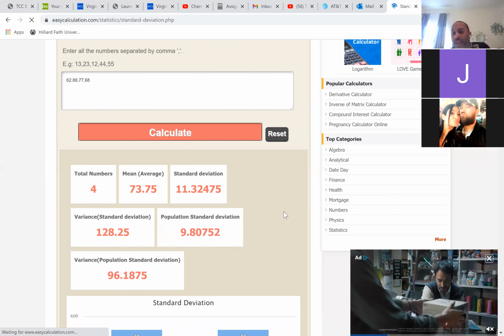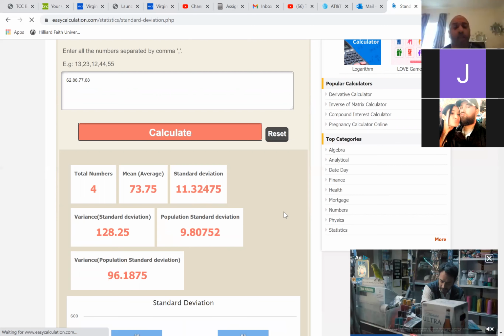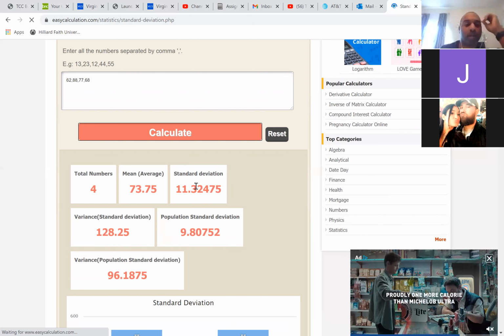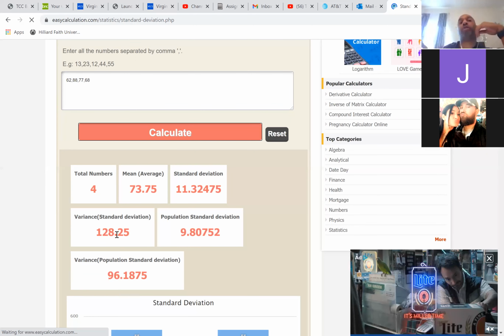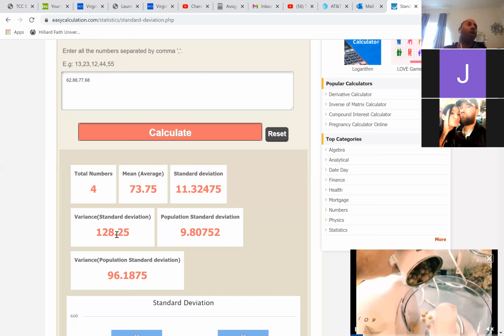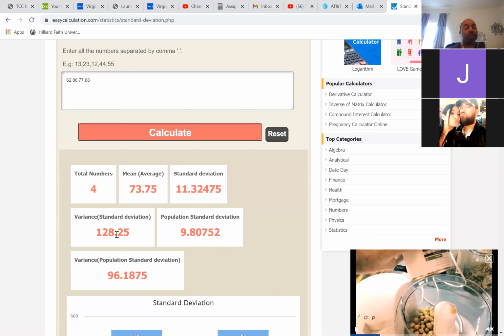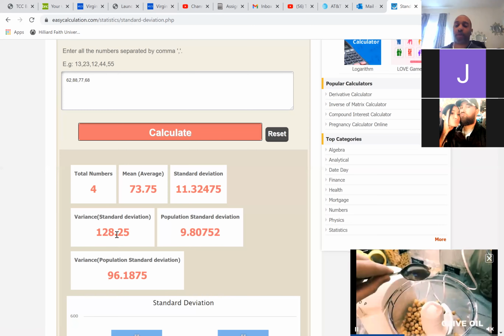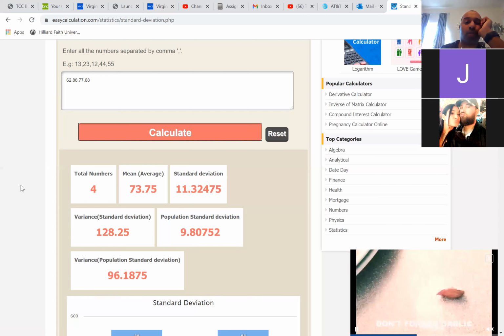So make sure you pay attention to the details of whatever problem you're dealing with. Here we have 11.3 and then 1.28. Also pay attention to, 128, not 1.28, 128. Also pay attention to MyMathLab and what decimal place they want. Sometimes they ask for tenths, sometimes they ask for hundredths, and so on. So be careful with that.